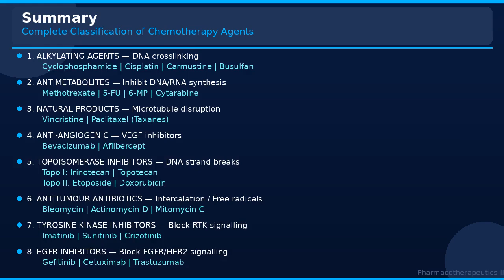Tyrosine kinase inhibitors such as imatinib, sunitinib, and crizotinib that block the ATP binding site of receptor tyrosine kinases, shutting down cancer proliferation signals. And 8. EGF receptor inhibitors including gefitinib, cetuximab, and trastuzumab, which target EGFR and HER2 signaling pathways.